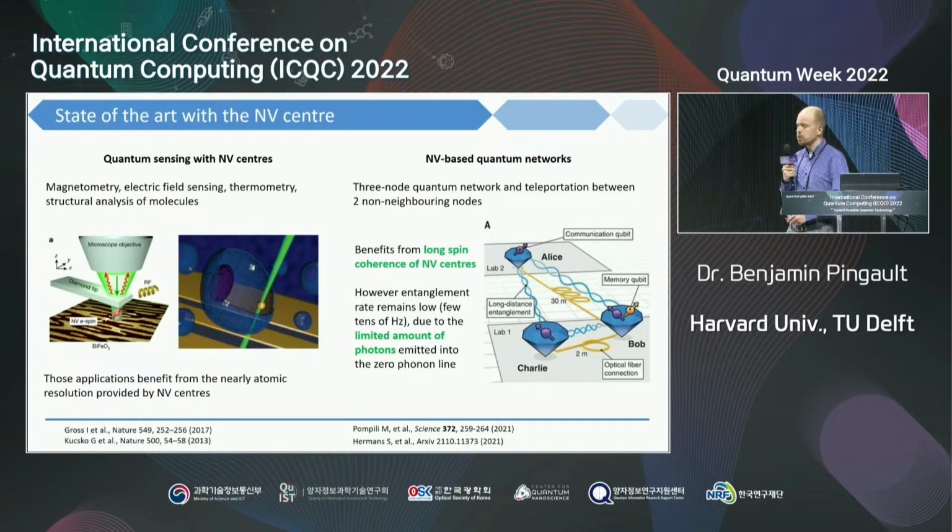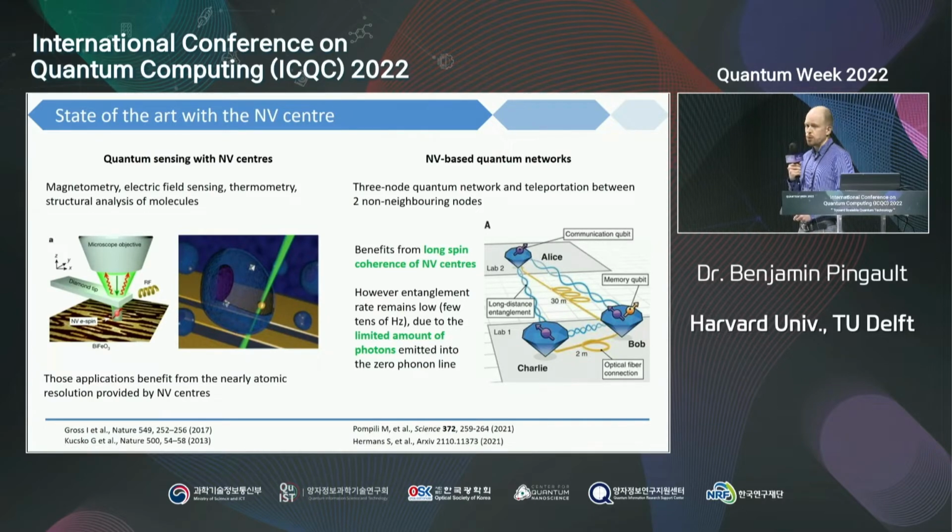In terms of quantum networks, there has been a lot of progress, including recently two back-to-back articles from the group of Ronald Hanson in Delft, where they had a three-node quantum network, with NV centers in each of them. What they did was entangle the three nodes and realize teleportation between two of the non-neighboring nodes, which hadn't interacted with one another.